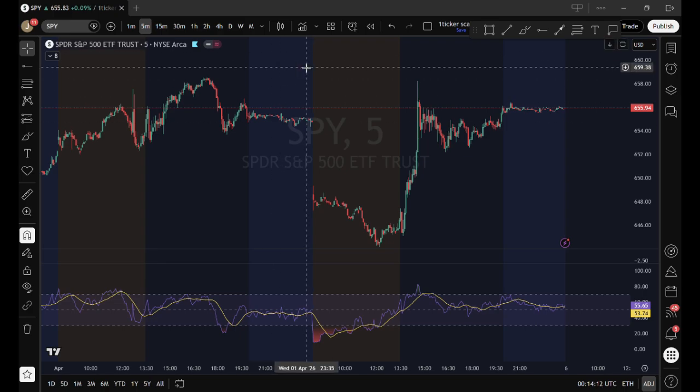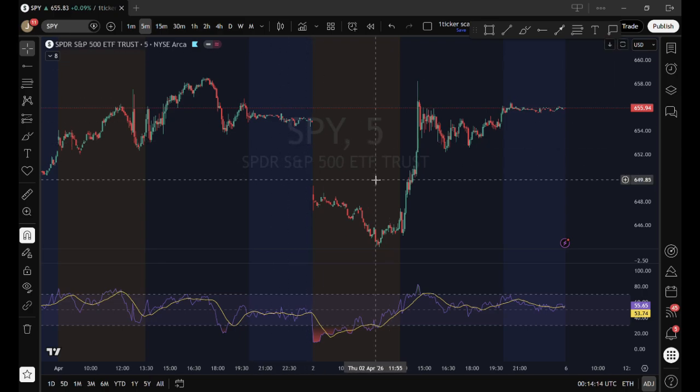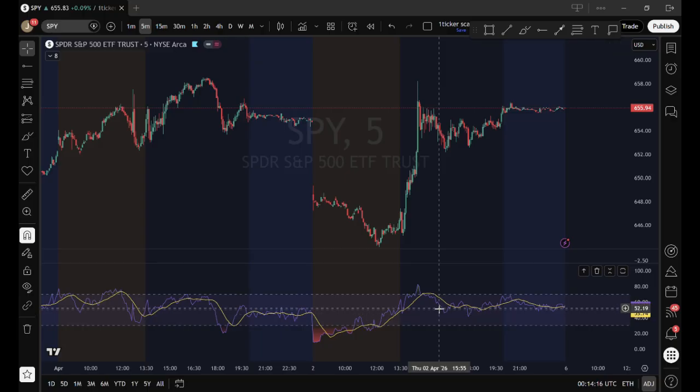One mistake beginners make is treating the RSI like a buy button and a sell button. It's not. In strong trends, RSI can stay high longer than you can think. The market can be irrational longer than you can stay solvent.